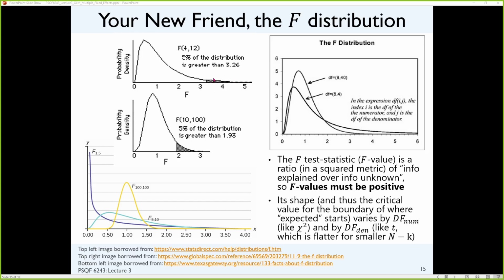So the probability of something happening only is on this side of it, because F can only be positive, because it's a squared metric. But it has a probability associated with how often you'd see an F that big if the two slopes in the population, or the four slopes in this picture, did not have a significant contribution.